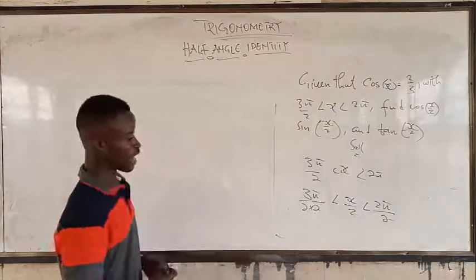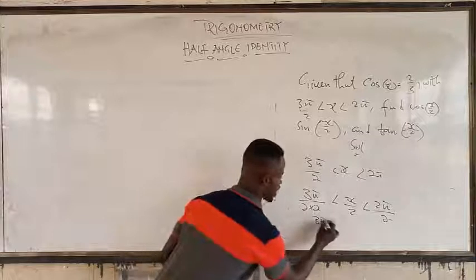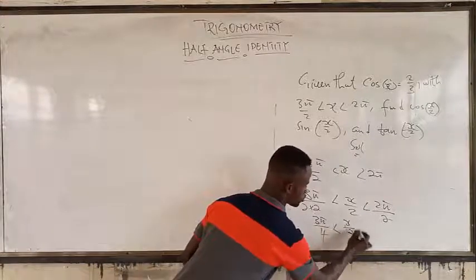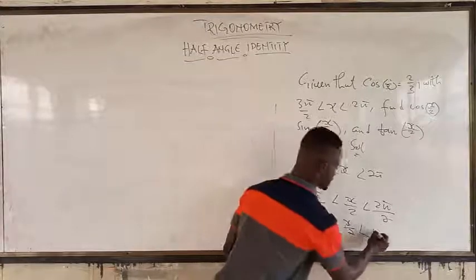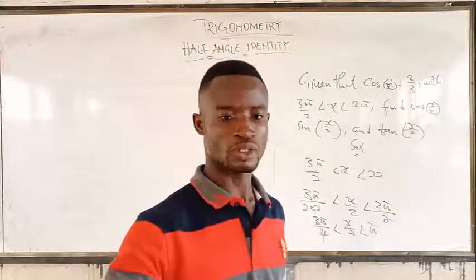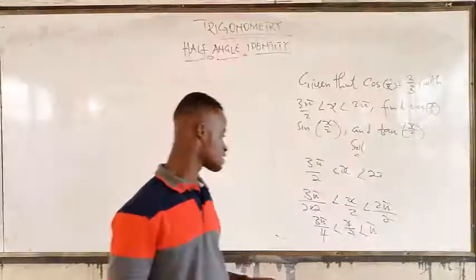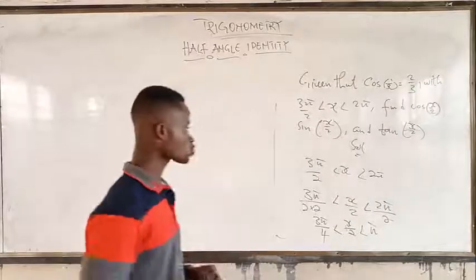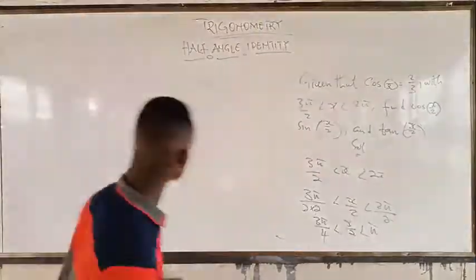So we end up getting 3 pi over 4 less than X over 2, then here we get half. Alright, very good. Now, you can see here that X over 2 terminates in, so this is what it means.